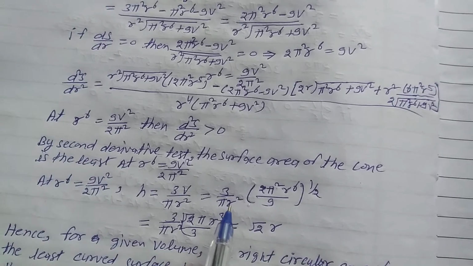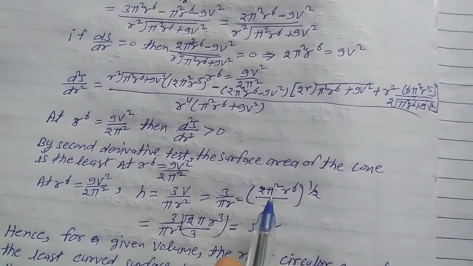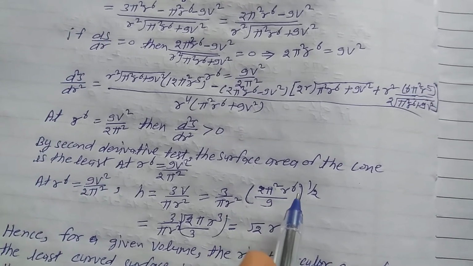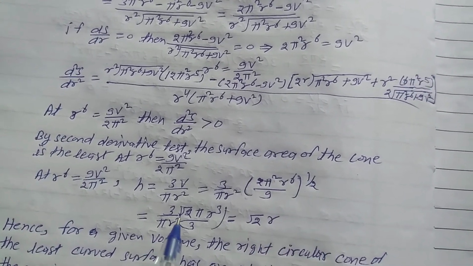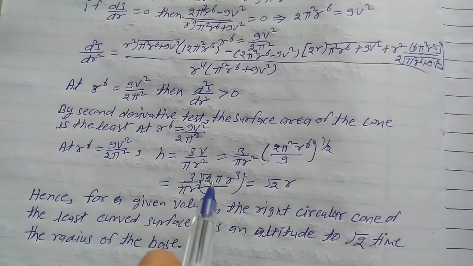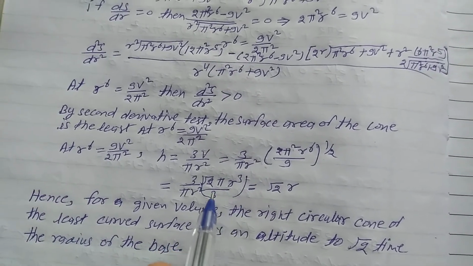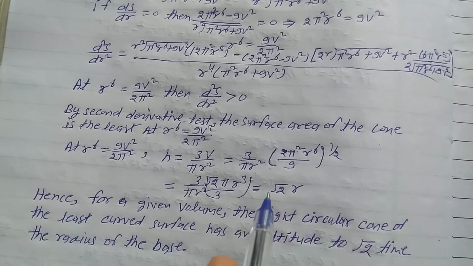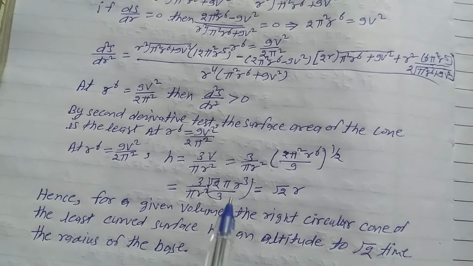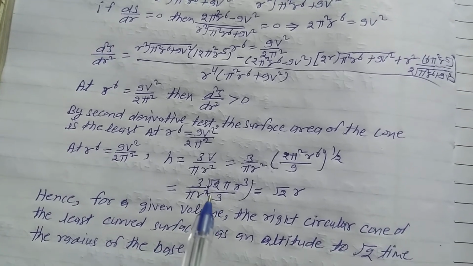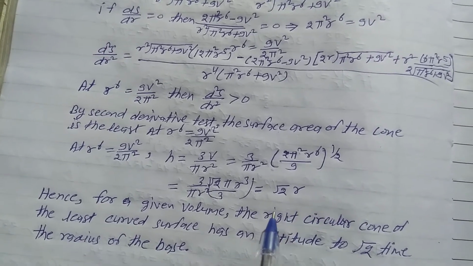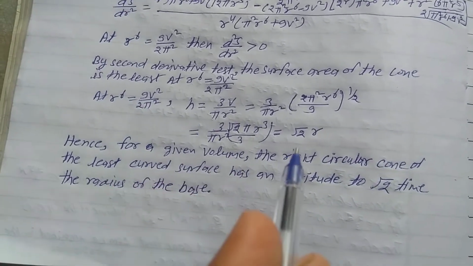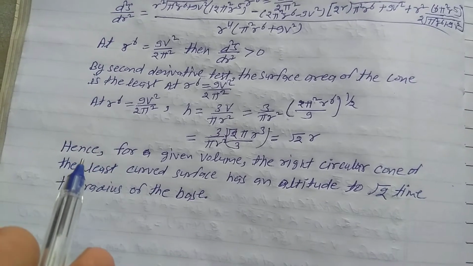So h is equal to 3 upon pi r square times the bracket of 2 pi square r power of 6 upon 9, to the power 1 by 2, which is 3 upon pi r square times root 2 pi r cube upon 3. Here pi cancels pi, 3 cancels 3, and r square cancels r square, so the remaining is root 2 into r. That means h is equal to root 2 into r, and that relation is found.